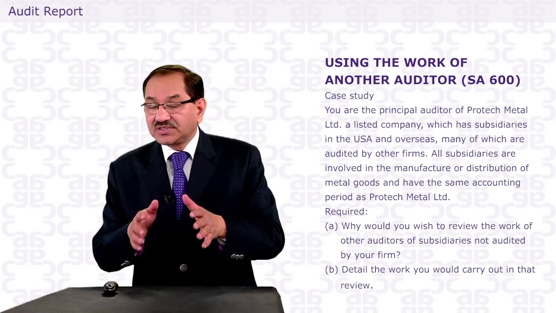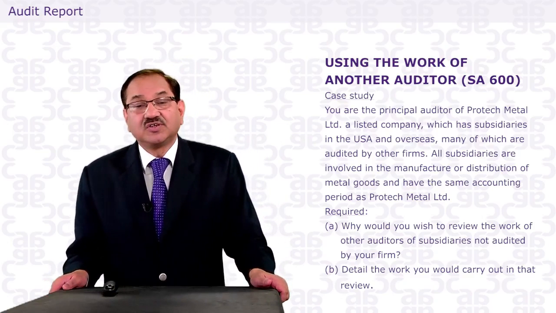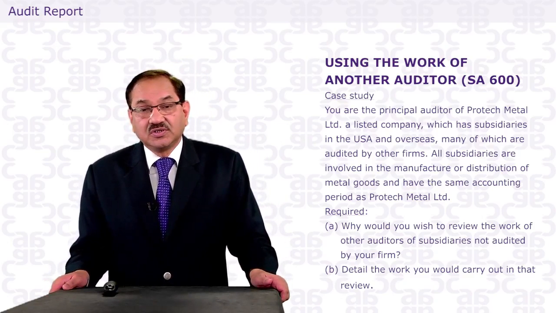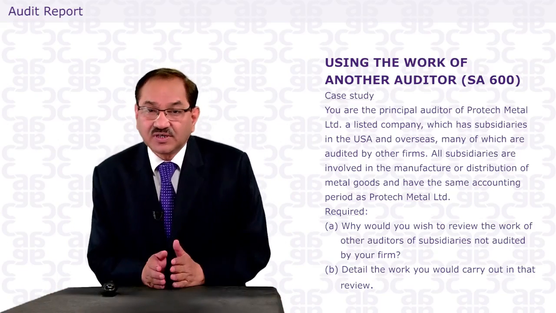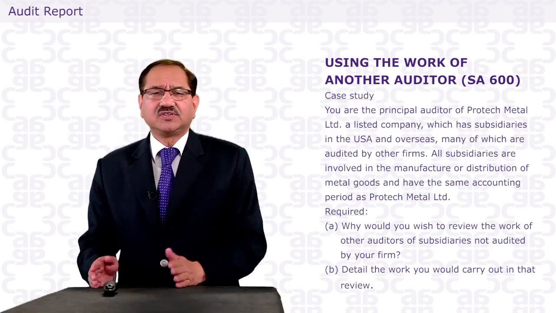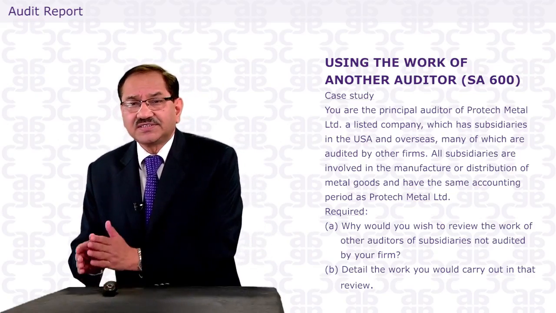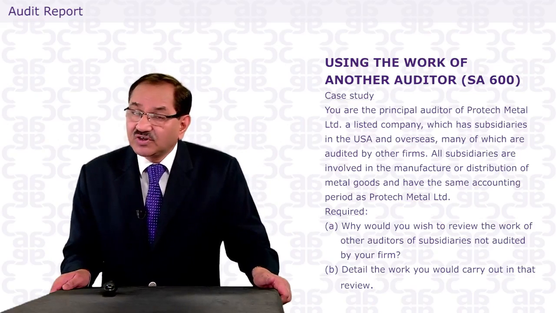And when he reports, you have to again apply due diligence and a review process to those reports. You have to document it: which auditor has reported what, whether there is a qualification in the report or not, and whether the financial statements have been prepared as per the prescribed financial statement framework or not.